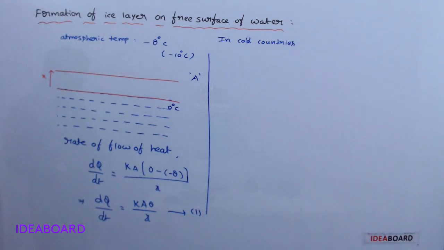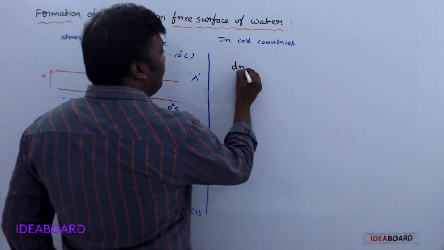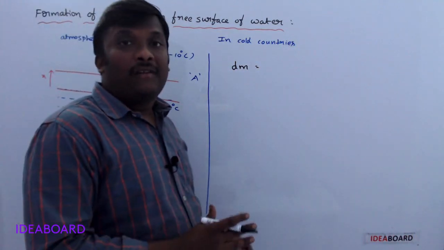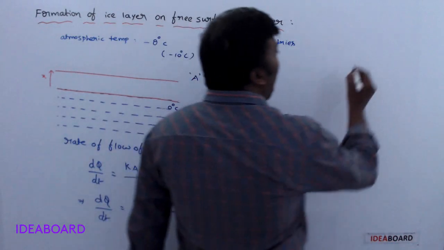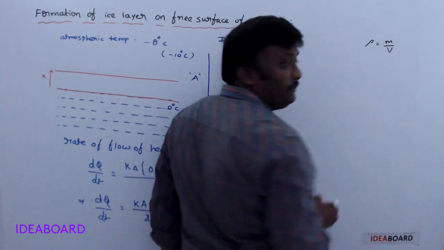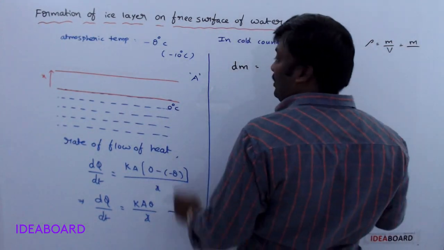Now the mass of additional ice formed due to loss of heat is taken as dm. dm is the mass of ice formed due to the heat loss. We know the formula for density: density is mass by volume.